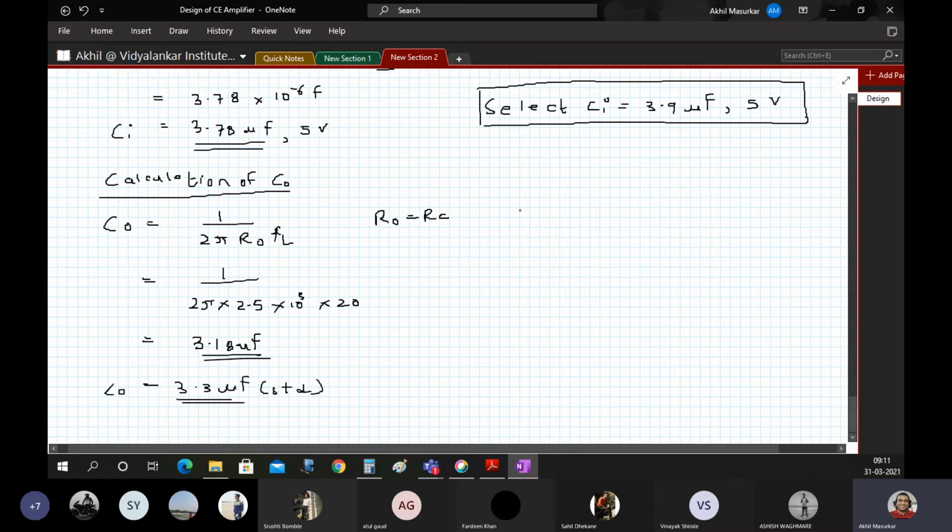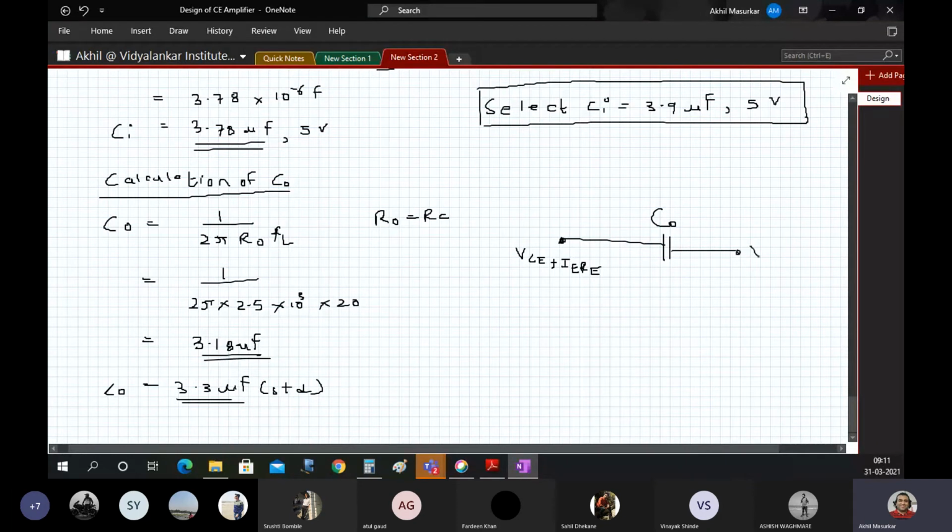This is C0. And how to calculate the voltage rating? So you can see where C0 is connected. On one side of C0 we have VCE plus IERE, and on the other side V0.